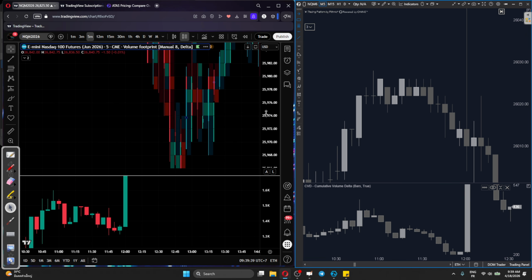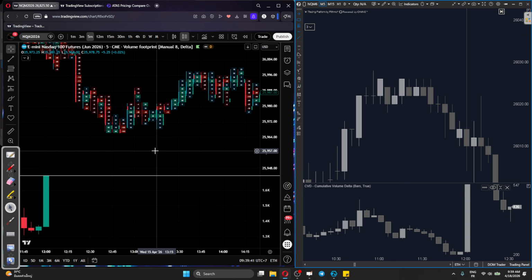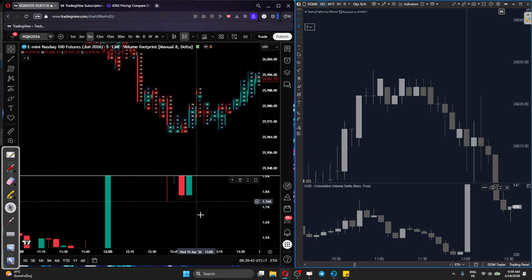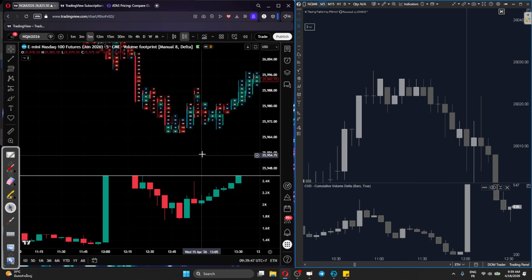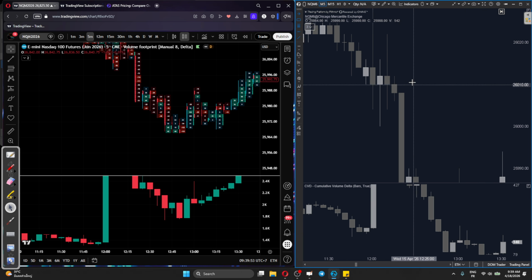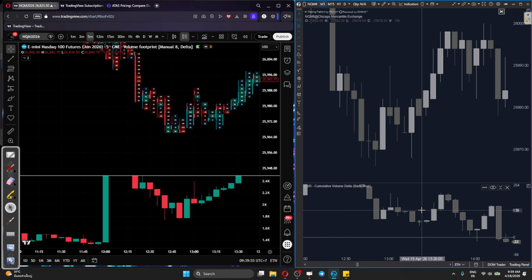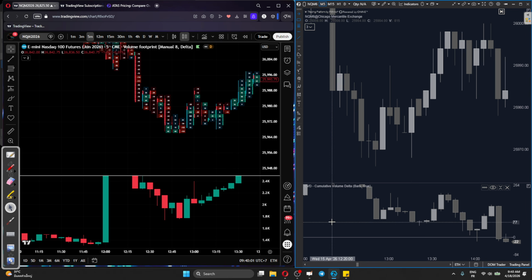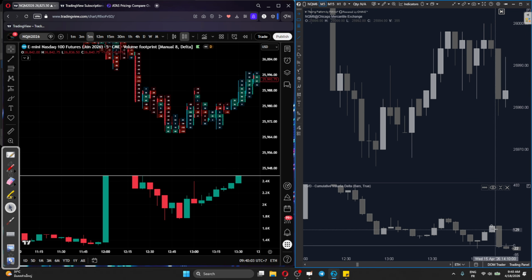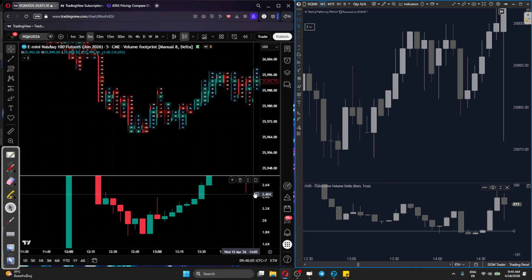Let's move on to another low. It's interesting to compare these lows here. Where are we here? So here there's a convergence, I would say pretty much a convergence. And looking at this low here. Well, it's not the same, obviously.